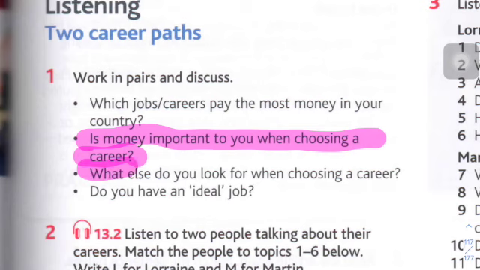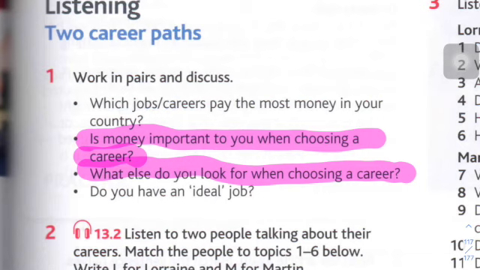What else do you look for when choosing a career? So, what are the other characteristics, you can call them like that? So, the other aspects, yeah, it's better. What are the other aspects you take into account when choosing your career?